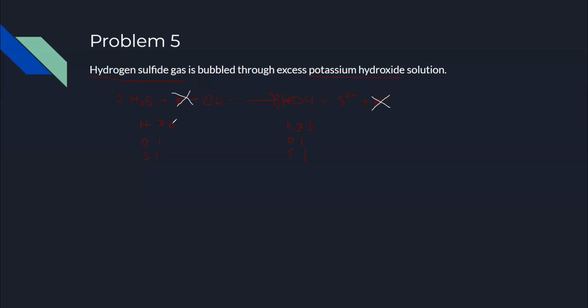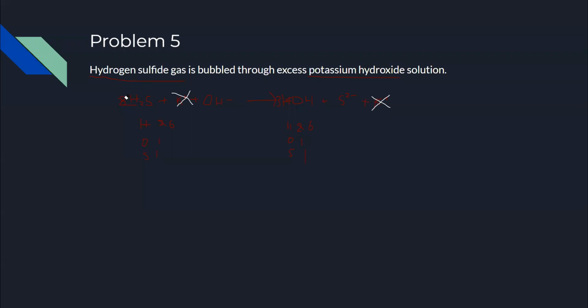Actually, one second, sorry, I made a mistake. So 3 times 2 is 6. Actually, no, this is 2.